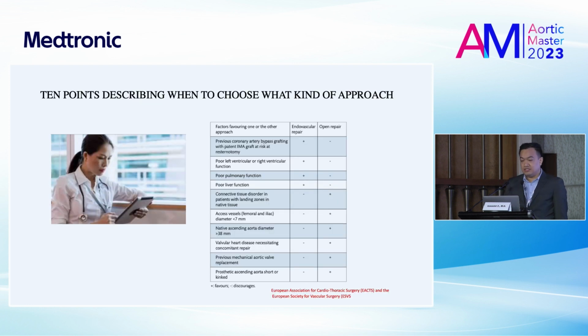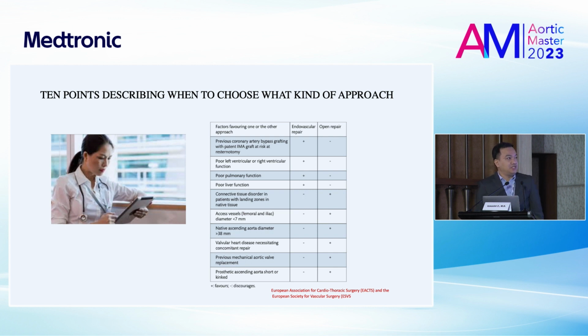So, ladies and gentlemen, these are basically the suggestions from the European Association consensus on how we can choose, and what can guide us in deciding which approach to advise our patients when dealing with this kind of issue, especially at the arch.